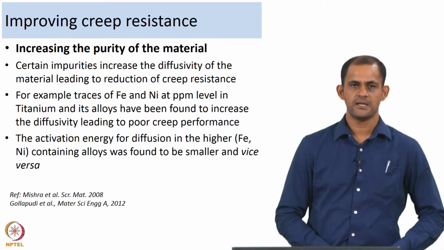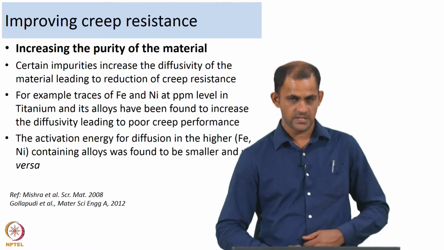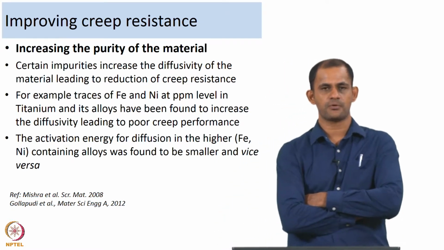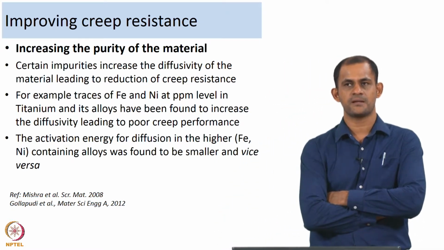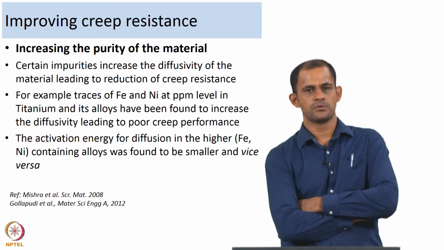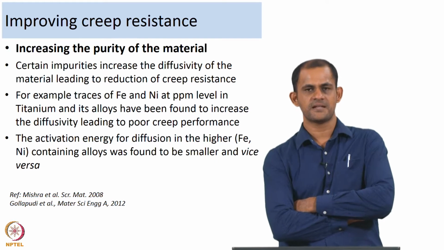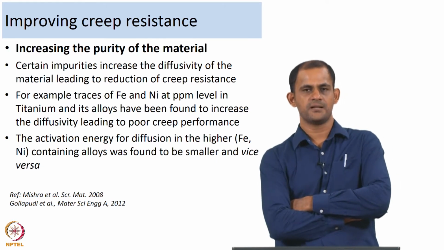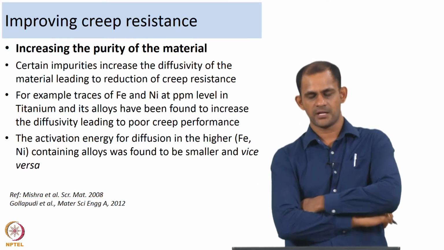Now, let us look at the purity of the material. So, this is one example where we are talking about how impurities can lead to deterioration of the creep properties. So, certain impurities can increase the diffusivity of the material, leading to reduction of creep resistance.